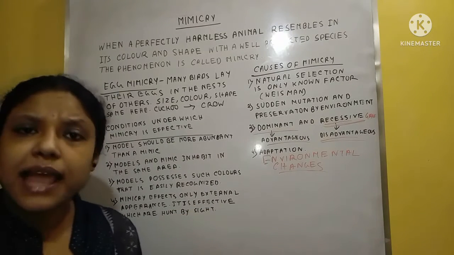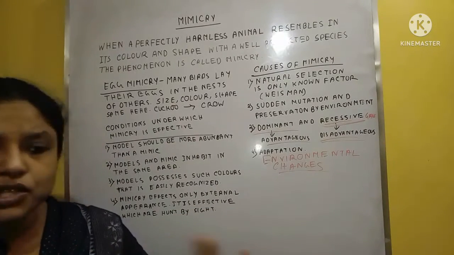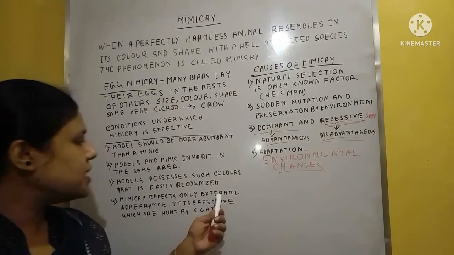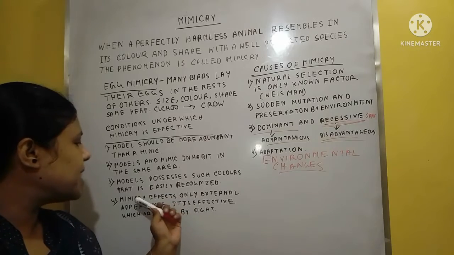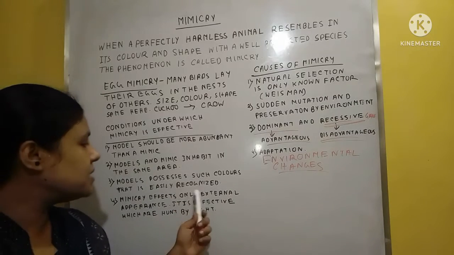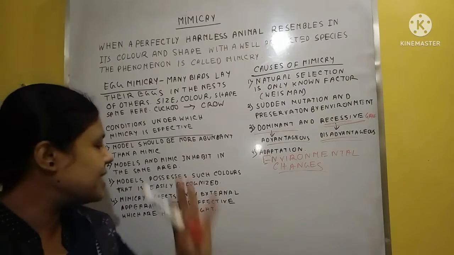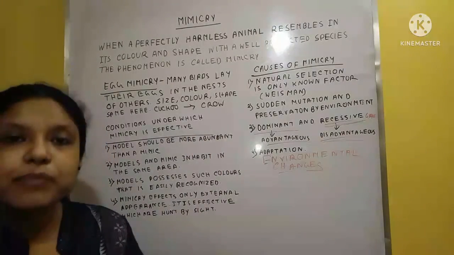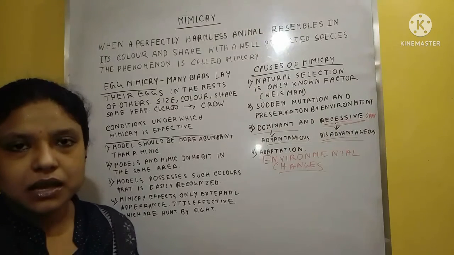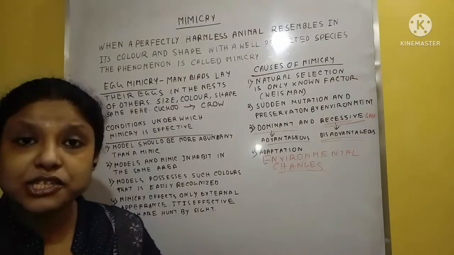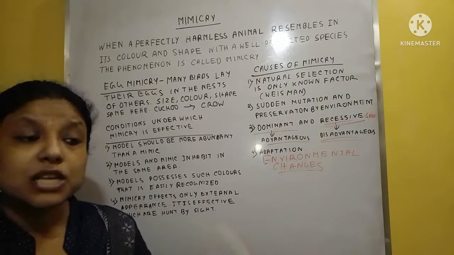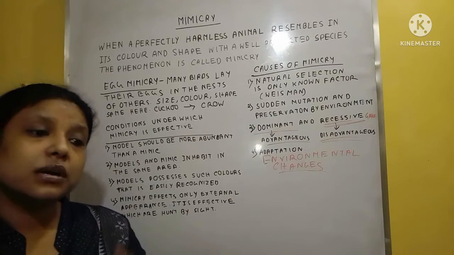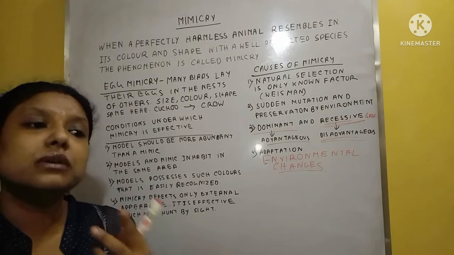The external appearance of mimic animals is the same as that of the model animals, so it is effective when any predator hunts the mimic animals by sight.